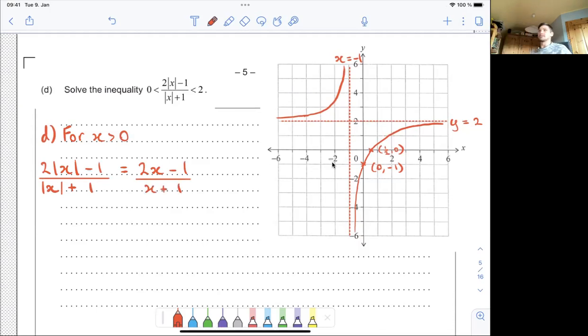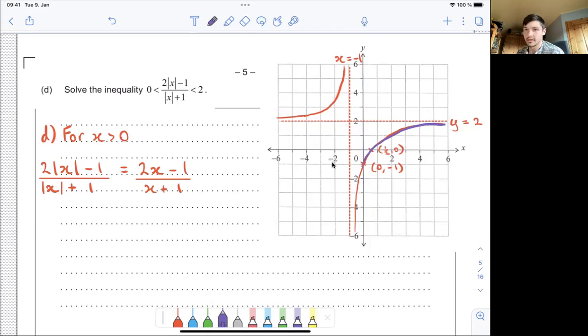And so that's pretty straightforward. If I redo our graph in purple for this function, the absolute value stuff in it is just going to be identical for when x is greater than 0, so anything to the right of the y-axis.